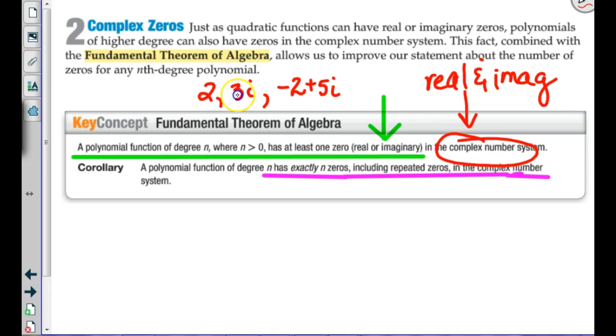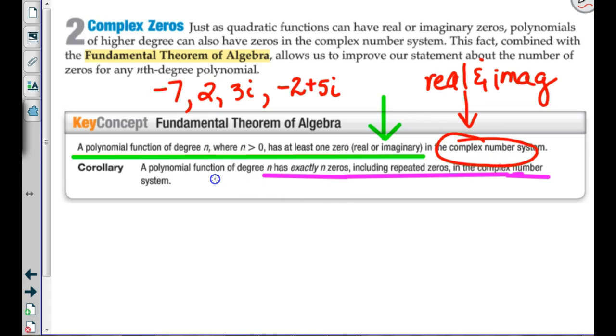Those are all considered complex because they're real or imaginary. Anything from that list, okay? It says a complex function of degree n has at least one 0 in the complex number system. Remember, that could mean real or imaginary.